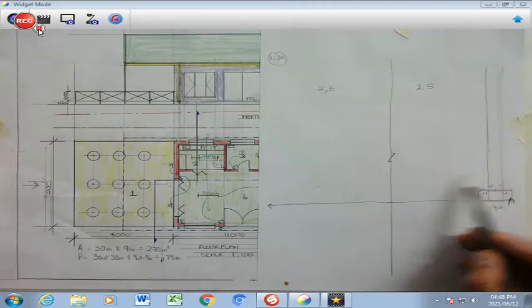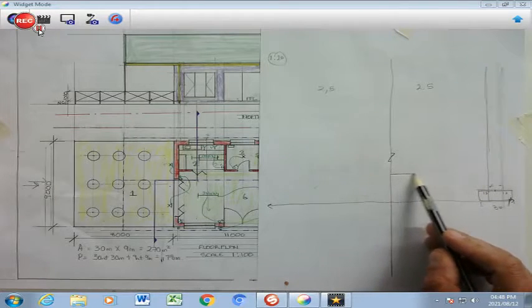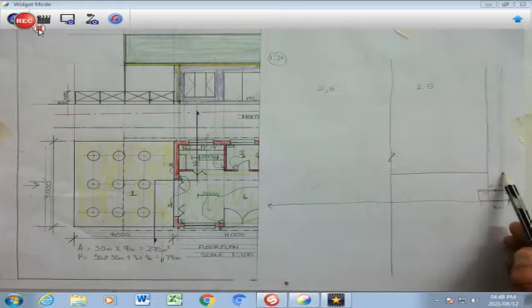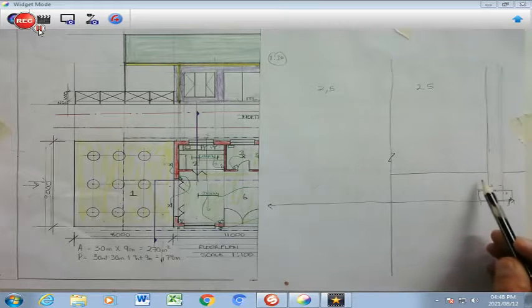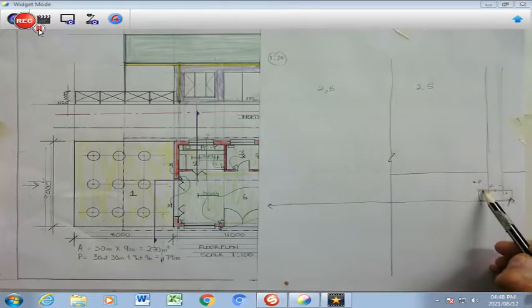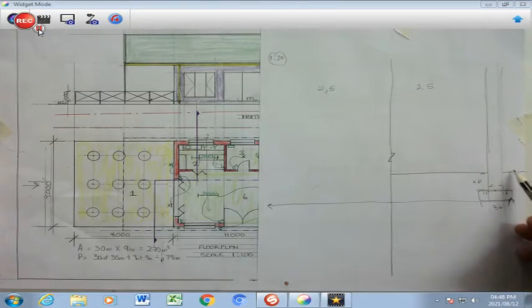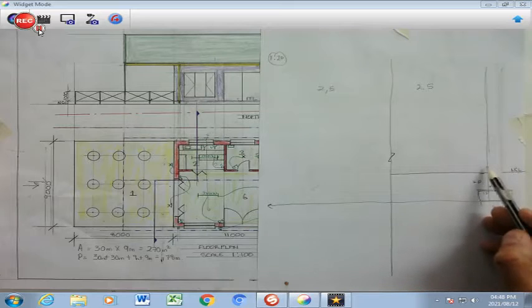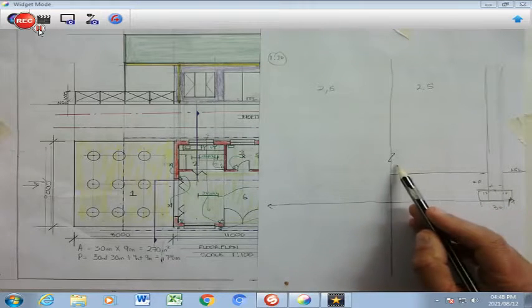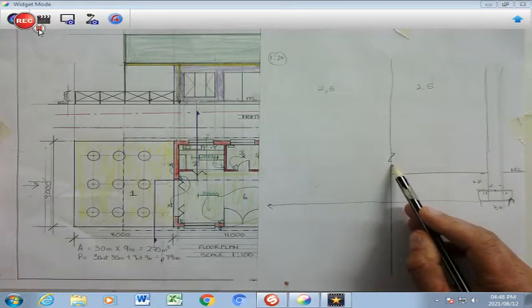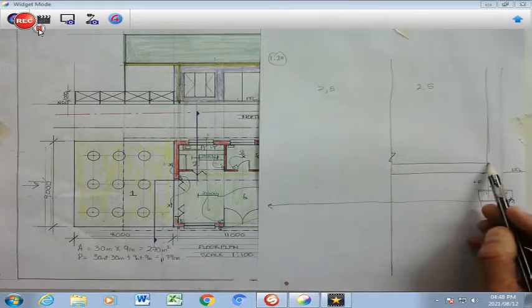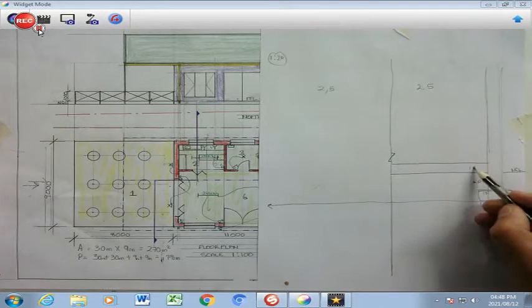You will then create your own natural ground level line, which is going to be here, and you can keep it any distance away from the concrete. I am going to keep it to a dimension of 20 from the top of the concrete until that line over there, which is my natural ground level, NGL. And then on top of that, I'm going to have my compacted hardcore, which I'm going to make 10 millimeters there.